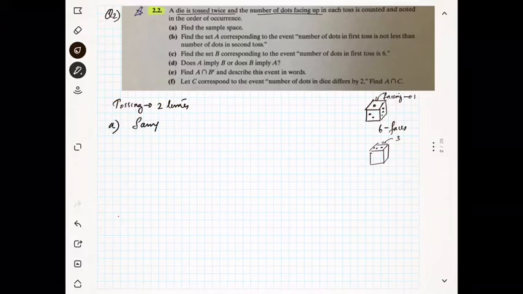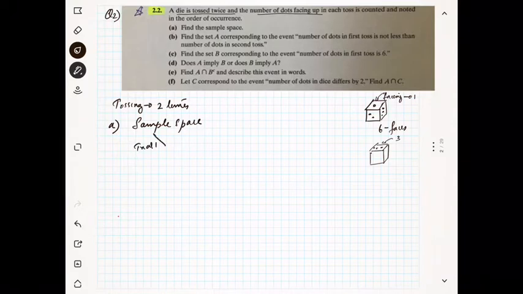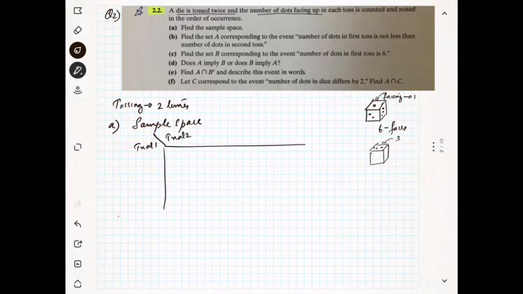We have trial 1 and trial 2. For trial 1 you can get 1, 2, 3, 4, 5 or 6. In trial 2 also you may get 1, 2, 3, 4, 5, 6.